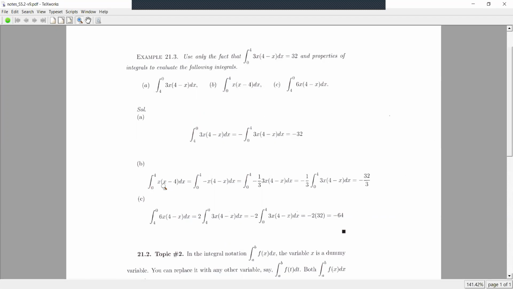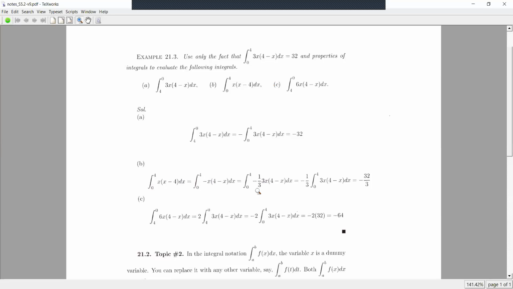First, let me take negative out from x minus 4. Now, the function has a negative, and the factor now becomes 4 minus x. But this function is still different from the function here. Okay, now the coefficient is 1. Let me write the 1 as 1 over 3 times 3.